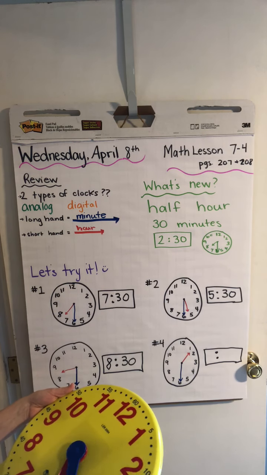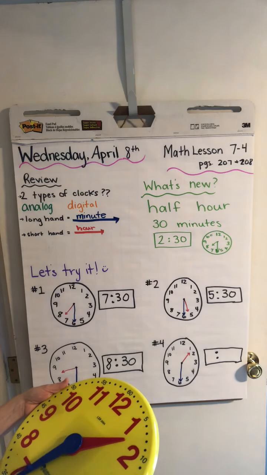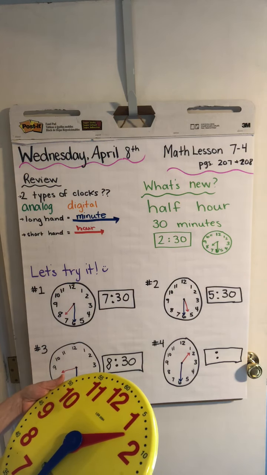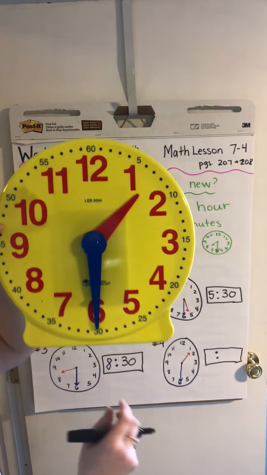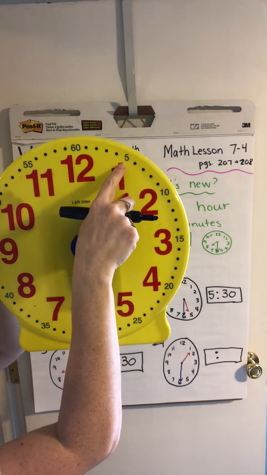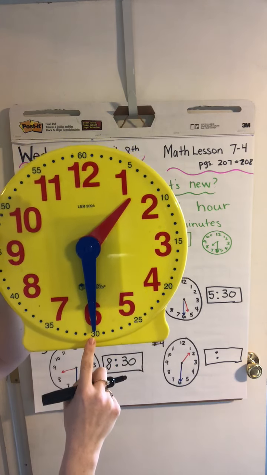All right, number 4. The hour hand is between the 1 and the 2, and the minute hand is on the 6. So it looks like this. Again, we can figure out the minutes. 5, 10, 15, 20, 25, 30.